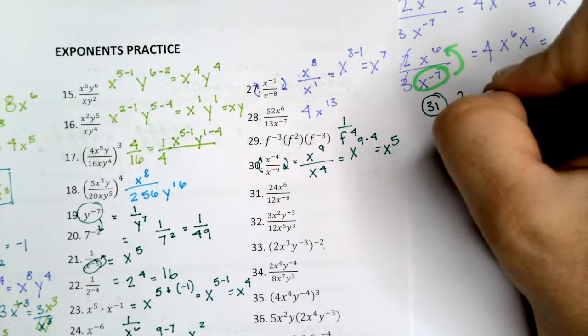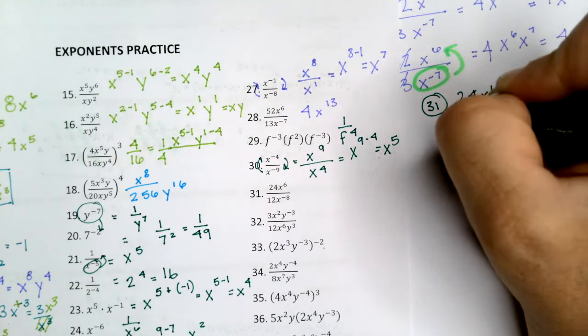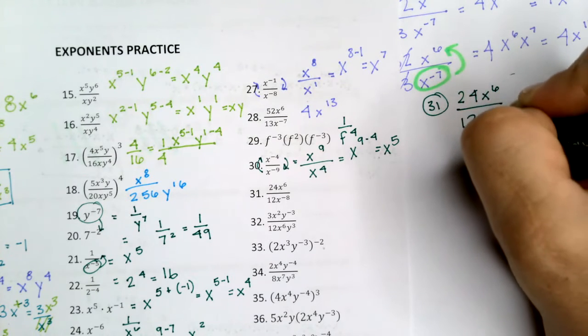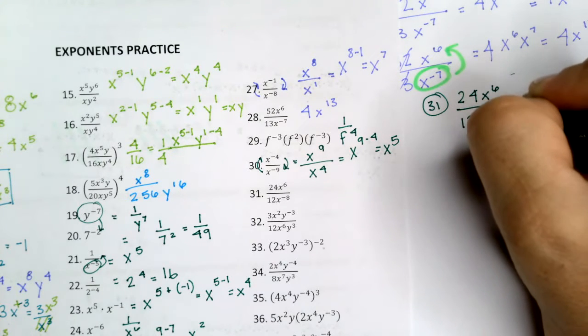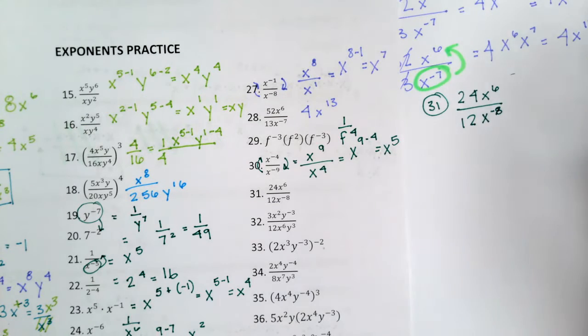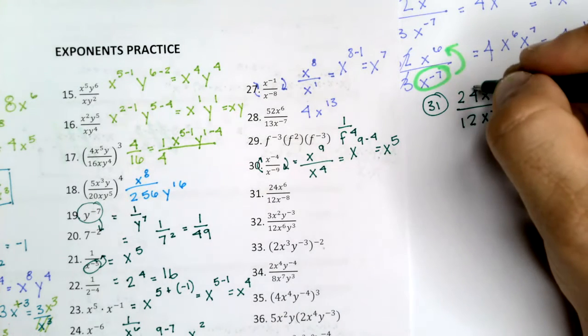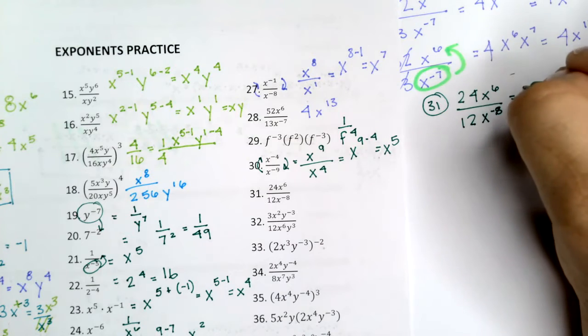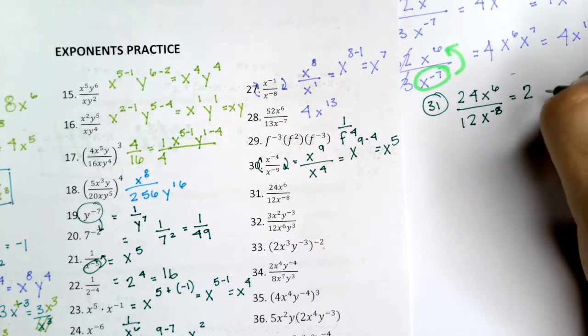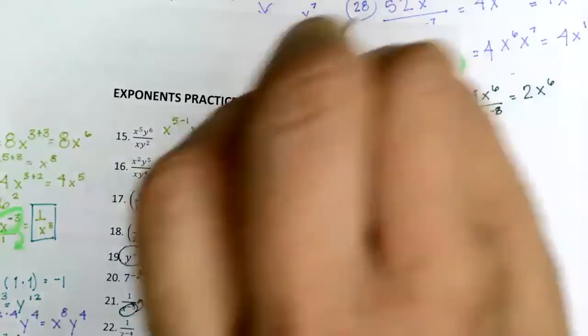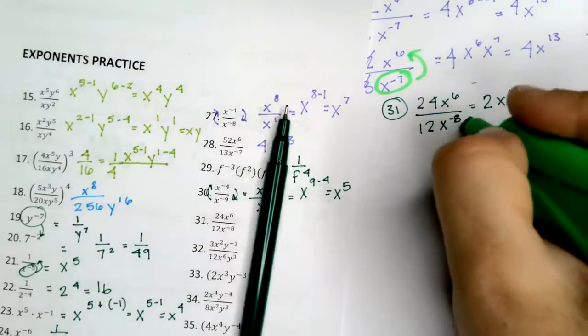31 says 24 x to the 6th over 12 x to the negative 8. So they turned into a 3. All right. 24 and 12. 24 is 2 12s, right? So I can just change that to 2. x to the 6th. That's a negative 8.